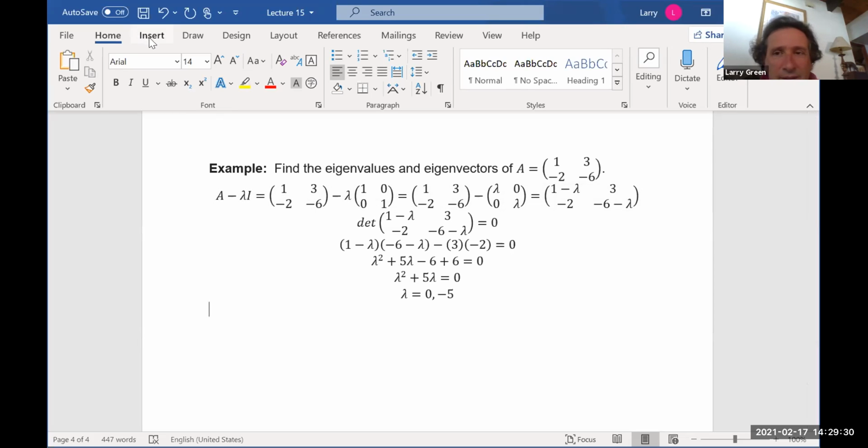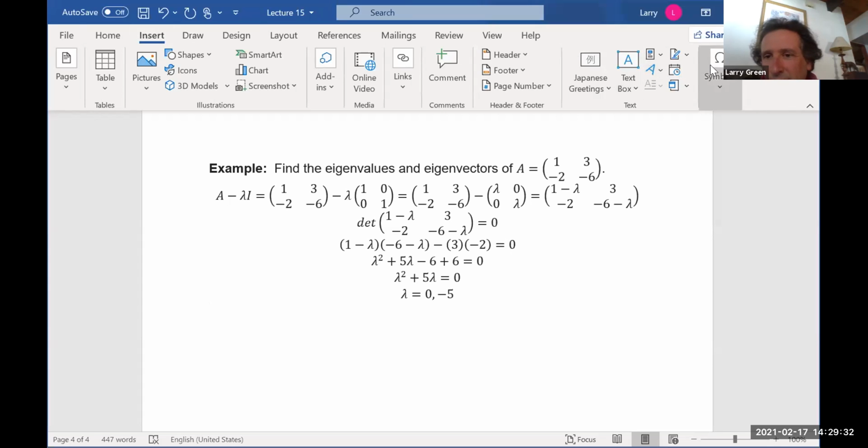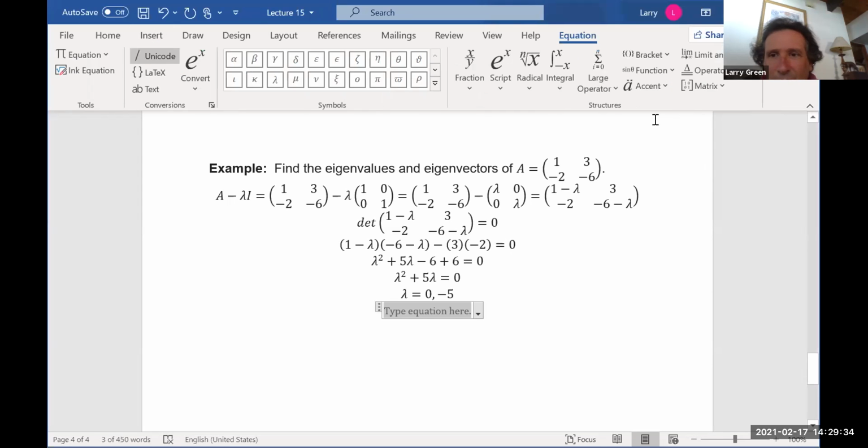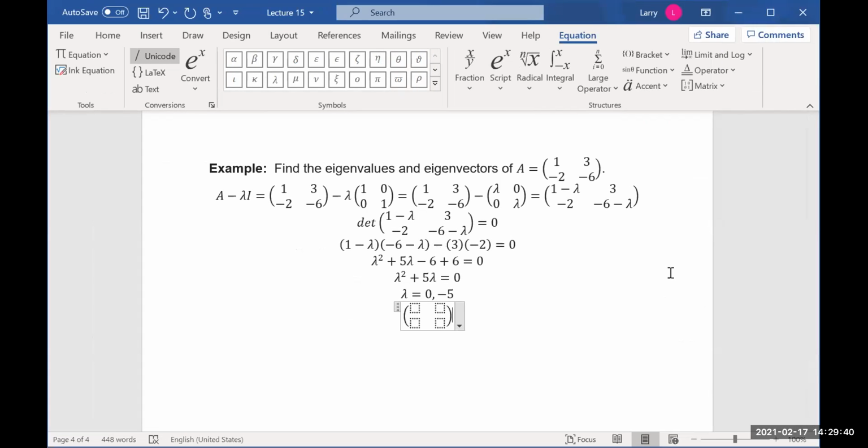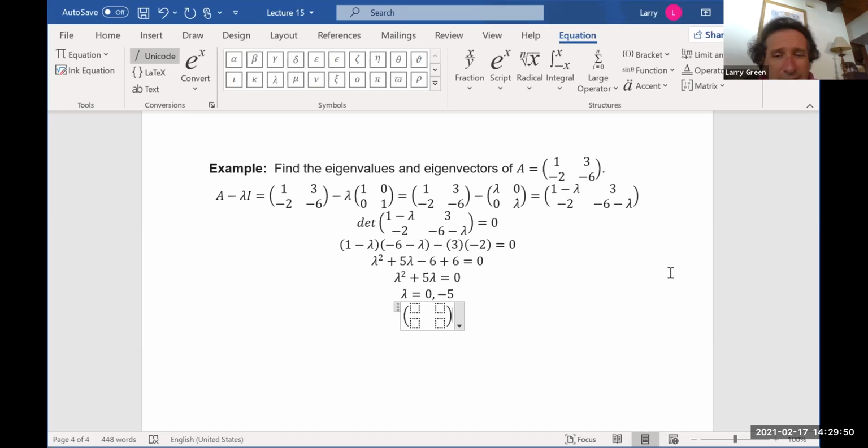Any thoughts? Is it maybe a vector composed of the eigenvalues? No, not quite. Good try, though. This is going to sound really easy, and it is.